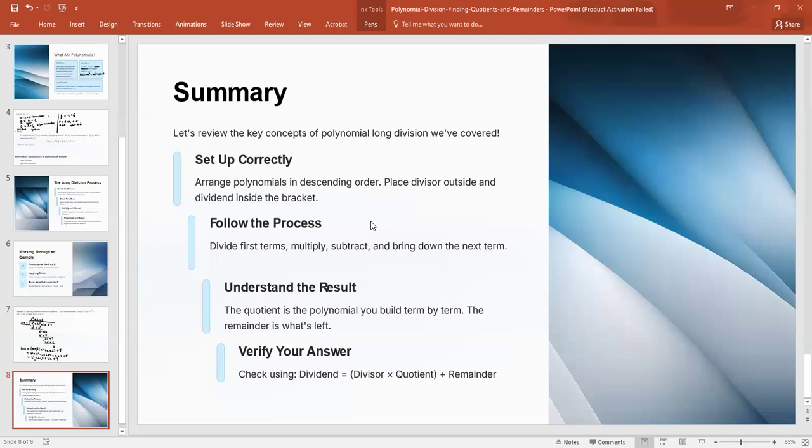After you multiply, after you subtract, and after that, you bring down the next term and you should be able to understand the result. After that, you have to verify your answer by multiplying the divisor by the quotient and adding the remainder to obtain the initial polynomial, which is the dividend. At this point, I believe that you know how to perform long division to obtain the remainder terms and the quotient terms for a polynomial.